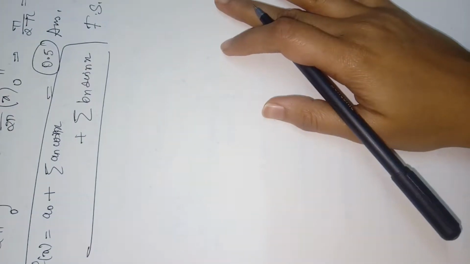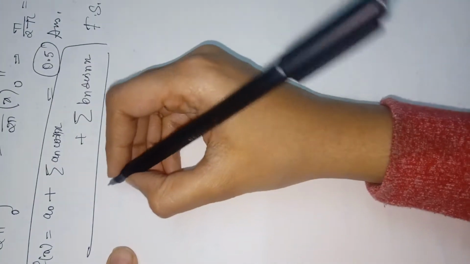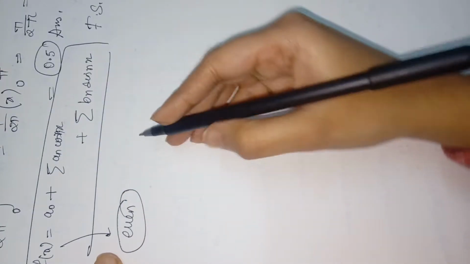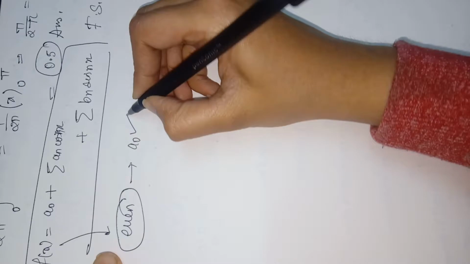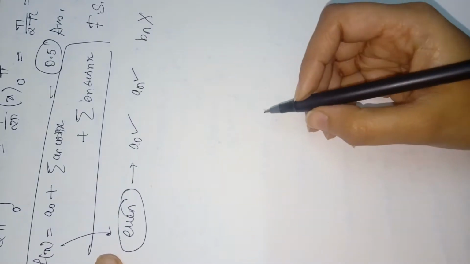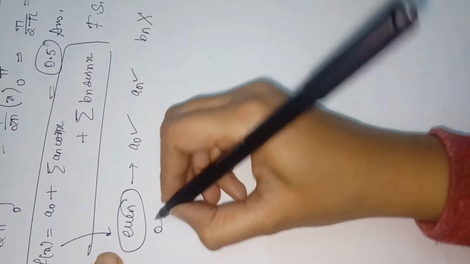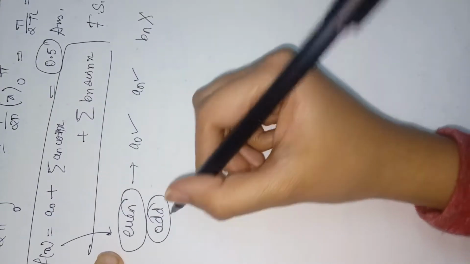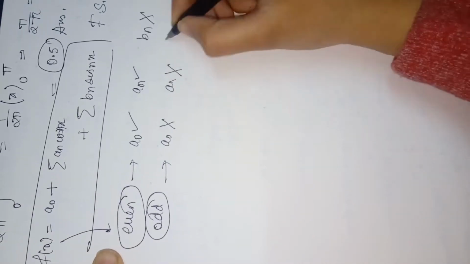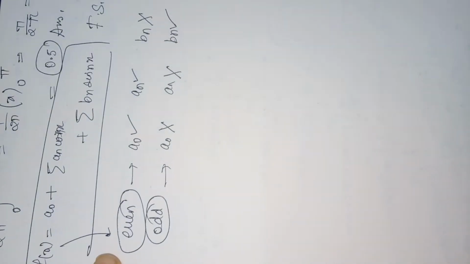Now, if this function is even, then I will only have a naught and an terms, but bn terms I won't have. If I have an odd function as f of x, then I will not have a naught, I will not have an, I will only have bn.